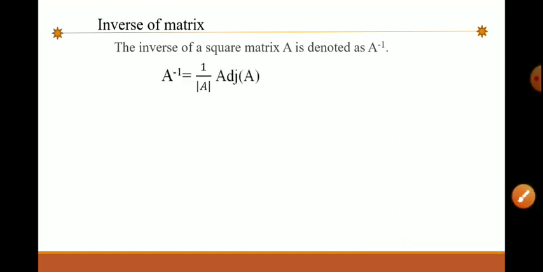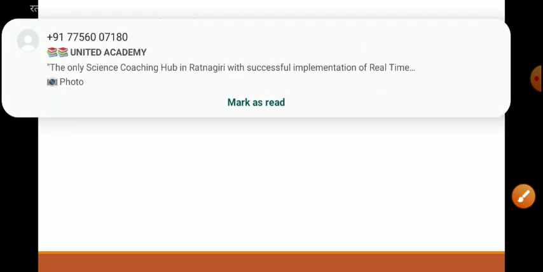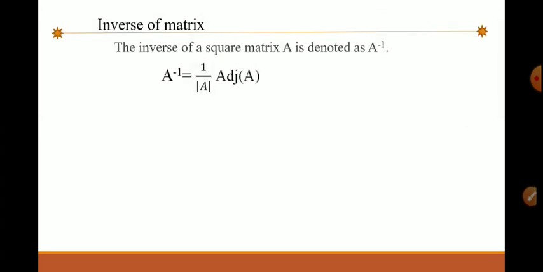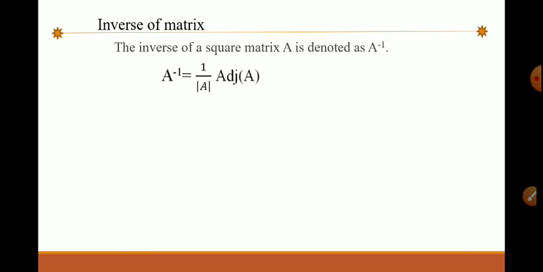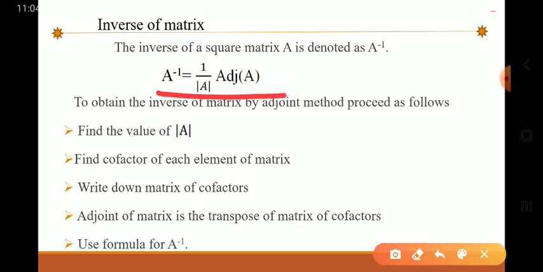The formula for A inverse is A inverse is equal to 1 upon determinant of A into adjoint of A. That is, to find the inverse, first we have to calculate the determinant.